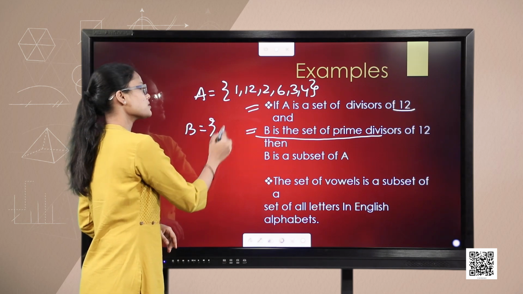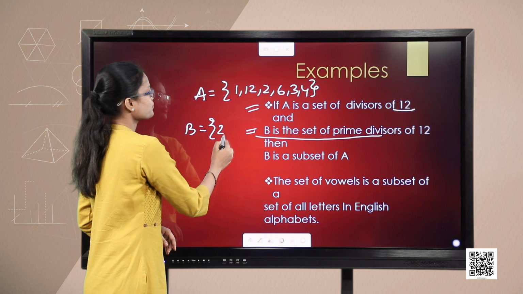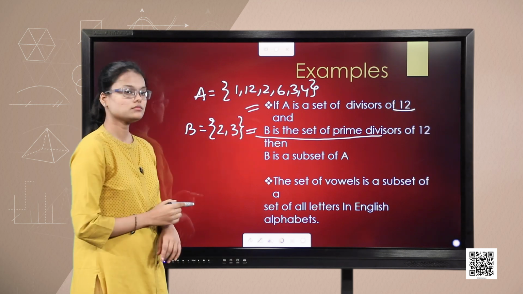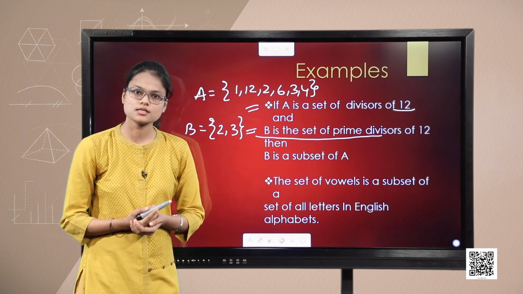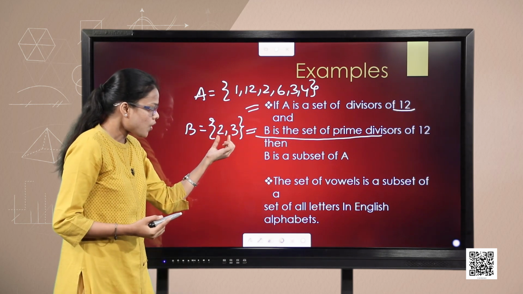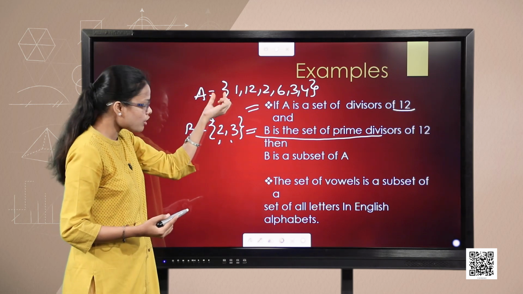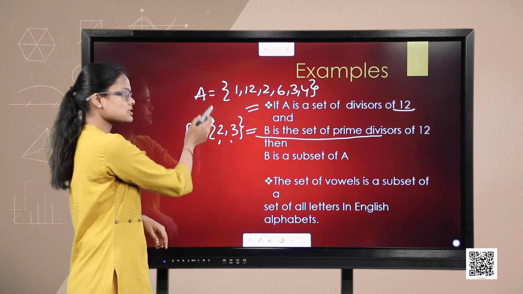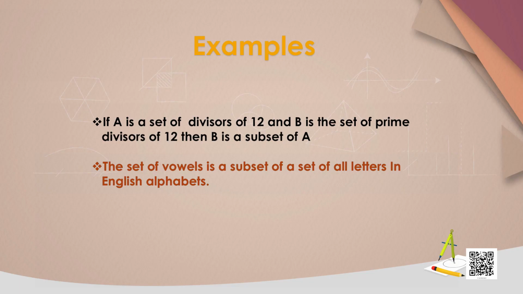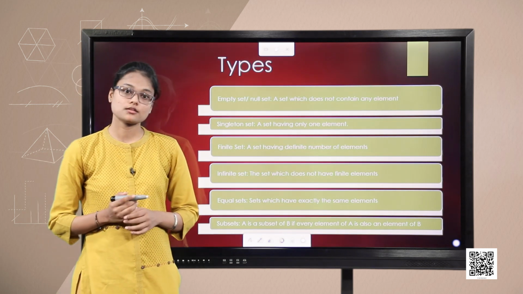So, set B becomes {2, 3}. And again, what does the definition of a subset say? Every element of B has to be an element of A, and yes, we can see 2 and 3 are also members of A. So, B becomes a subset of A. Another example, we can see the set of vowels is a subset of the set of all letters in the English alphabet. Hope you have understood what a subset is.